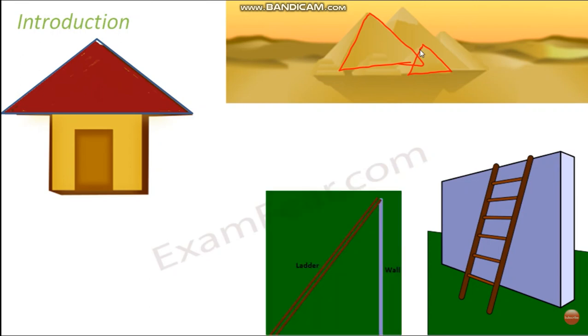When you look at the entire thing where you have a wall and a ladder, in this picture the space between the wall and the ladder forms a triangle. Is it right? It looks like a triangle.